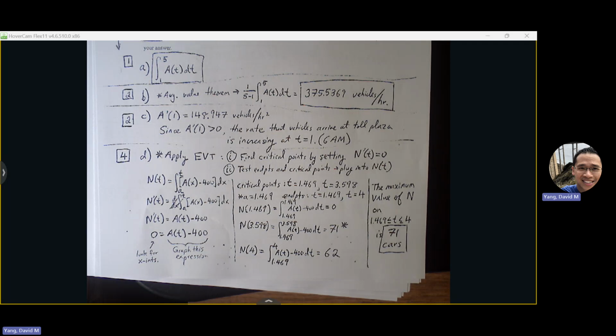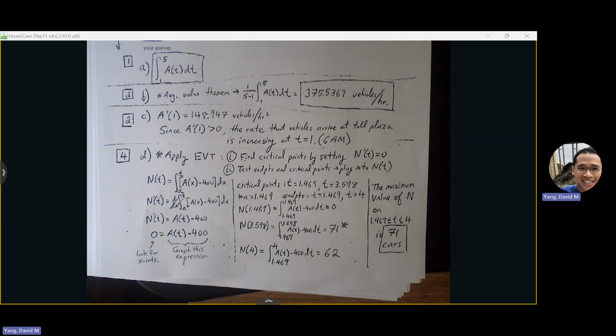That's your x-intercept there. You're going to test 1.469, 3.598, and 4. And they all get inserted into your N(t) equation. This is how you're going to find your N values to look for your max and mins. So N of 1.469, the bounds are the same, so that's 0.